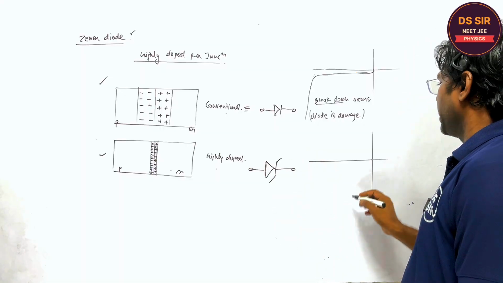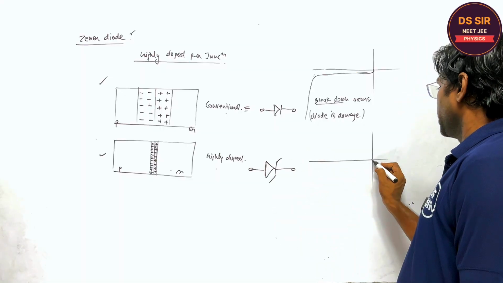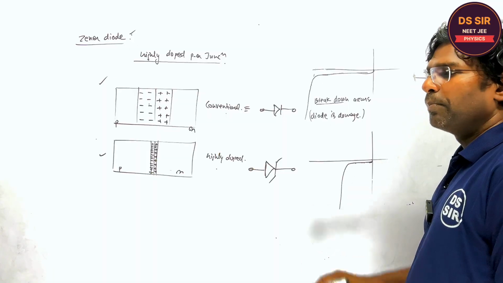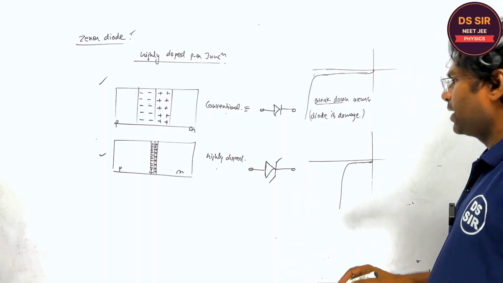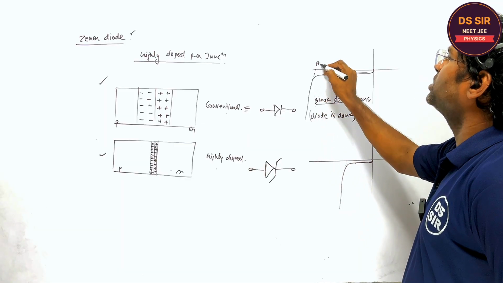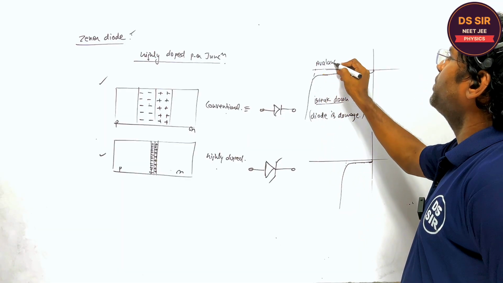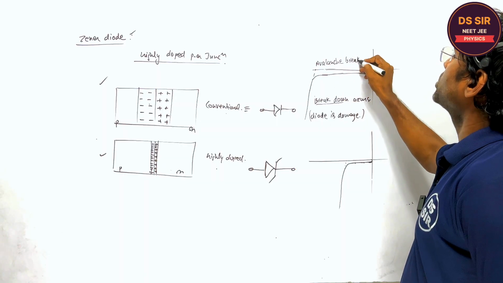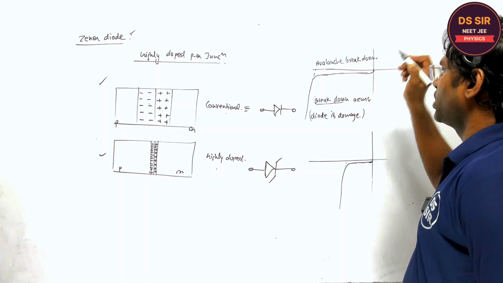But in the highly doped Zener diode, the breakdown occurs very soon, before this breakdown. This is called the avalanche breakdown in the case of a conventional diode.